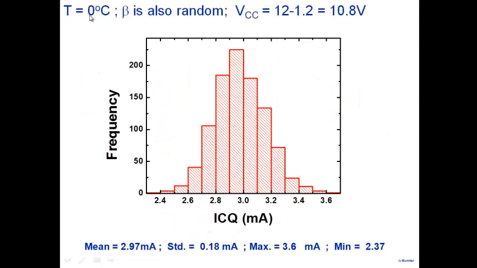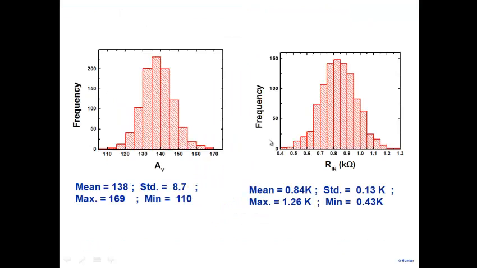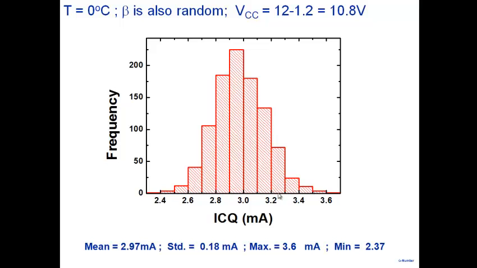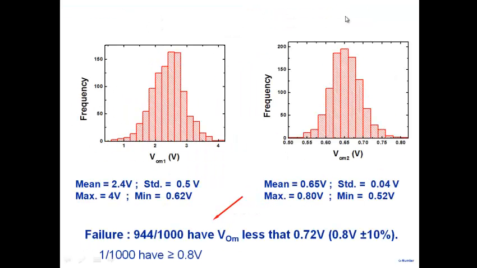The next thing is you have to evaluate at other extremes also. 0 degrees Celsius, a lower supply voltage here, 10.8, and so one is evaluating under that constraint. And in this case, now look at that. At 0 degrees Celsius, supply voltage of 10.8, 944 amplifiers have VOM less than 0.72. Your design just goes.